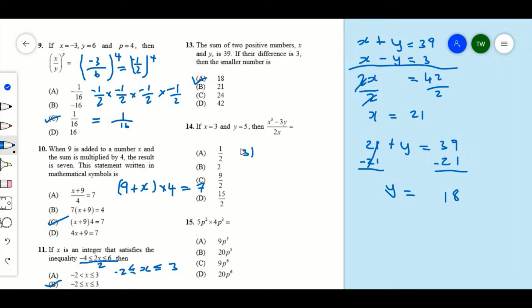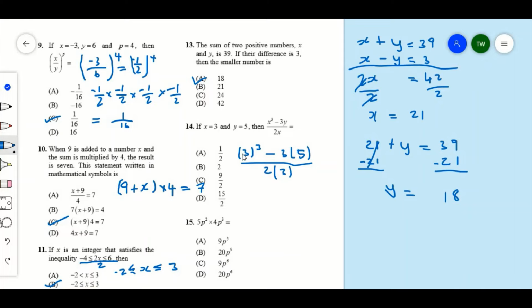So we're going to have 3 cubed minus 3 times y, and y in this case is 5, all over 2 times x, which is 3 in this case.